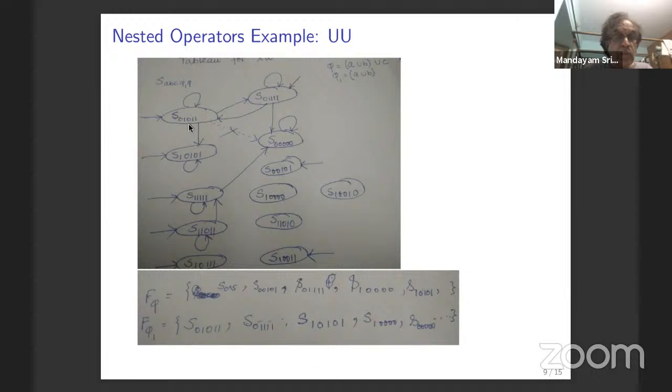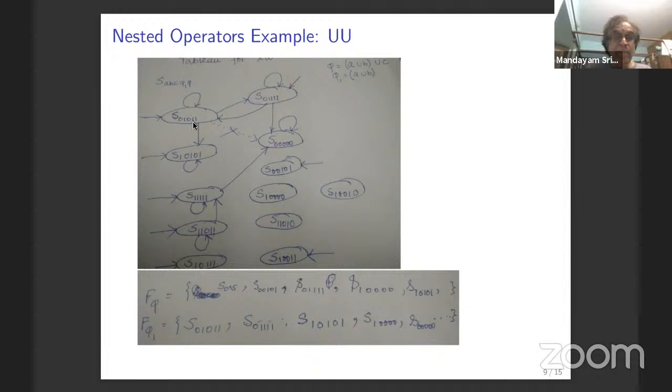As you can see, this is a state in which phi 1 is expected to be true.